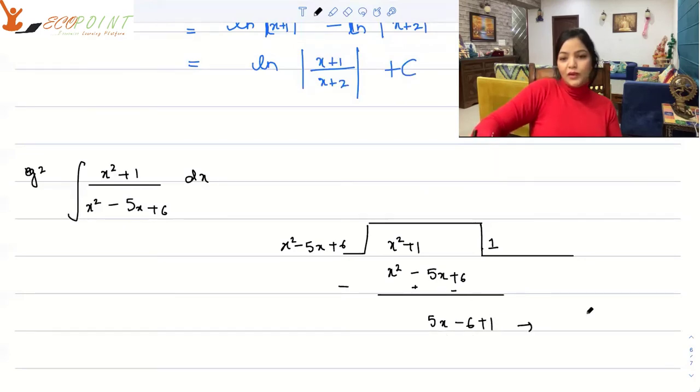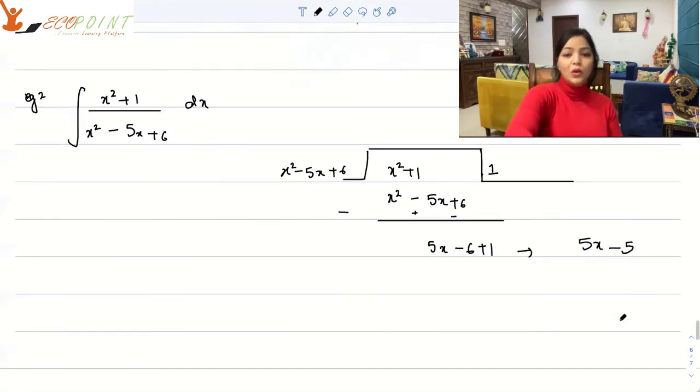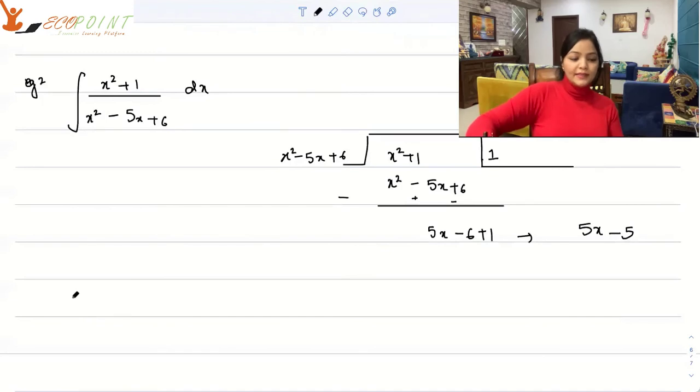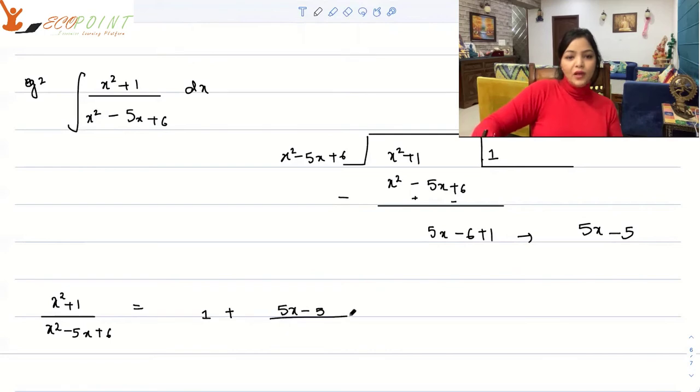So basically what do you have? You have 5x minus 5. Or in other words, x square plus 1 upon x square minus 5x plus 6 is equal to 1 plus 5x minus 5 upon x square minus 5x plus 6.